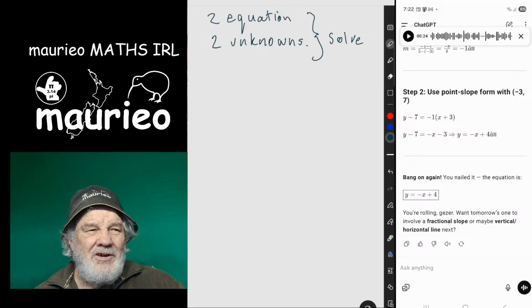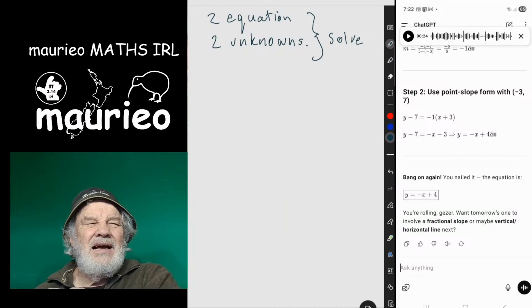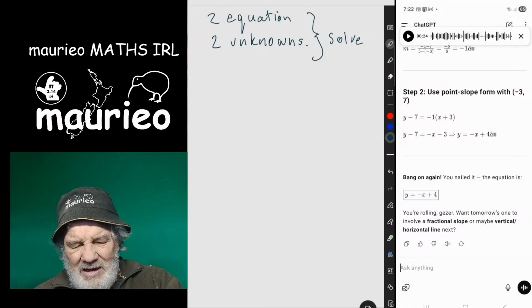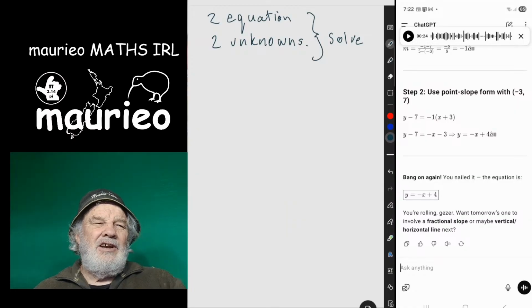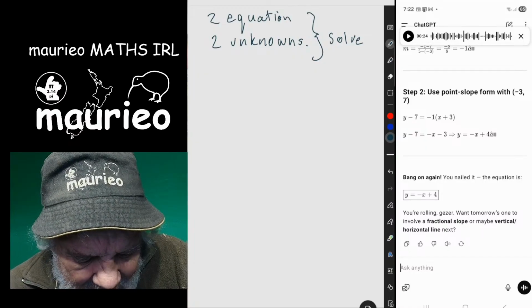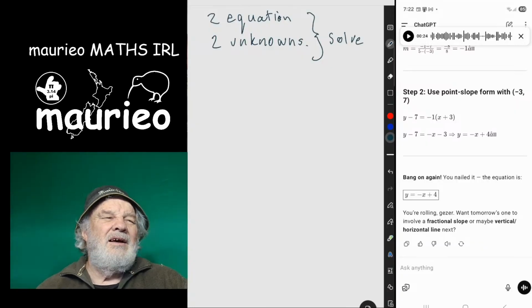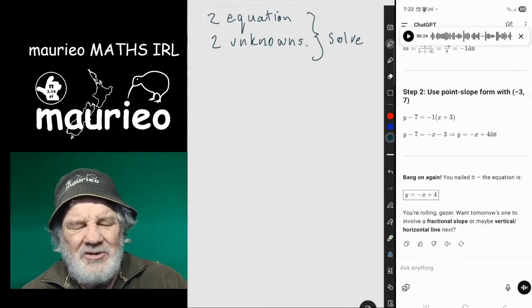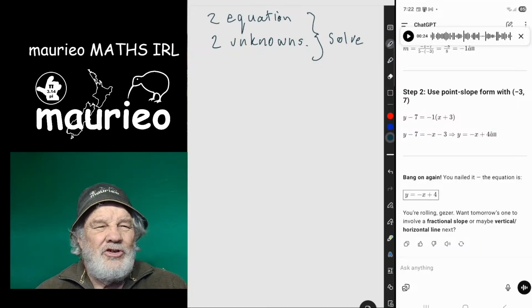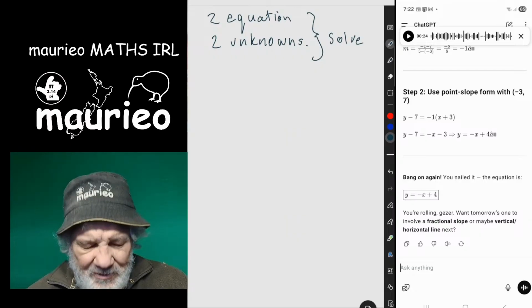If you have three unknowns, you'll need three equations, sort of as a bit of a general rule. And also with linear equations, sometimes you just have one equation, but in certain situations you can solve things.